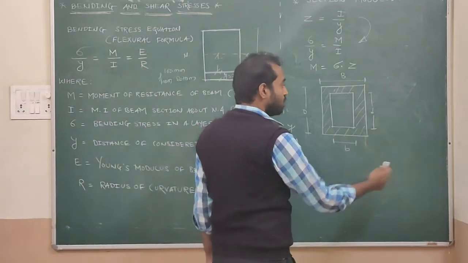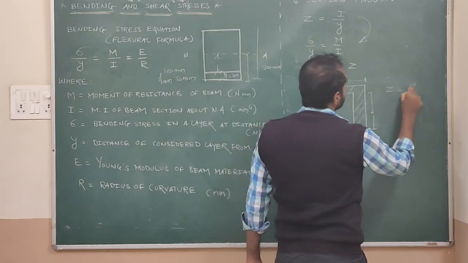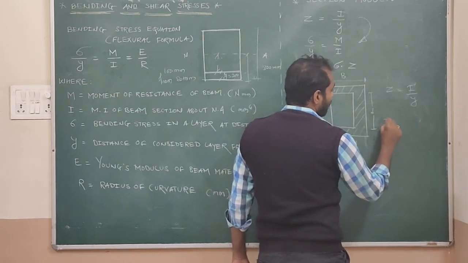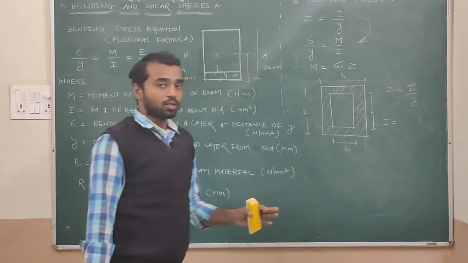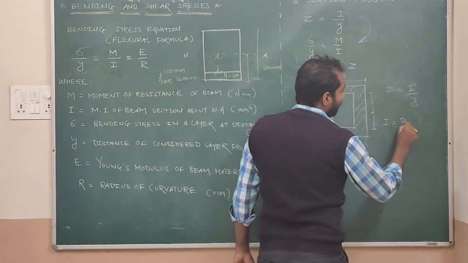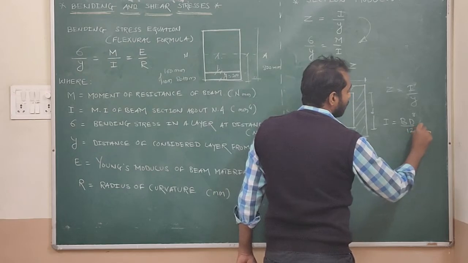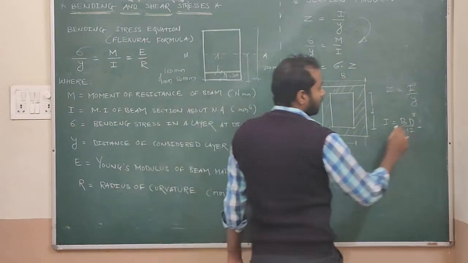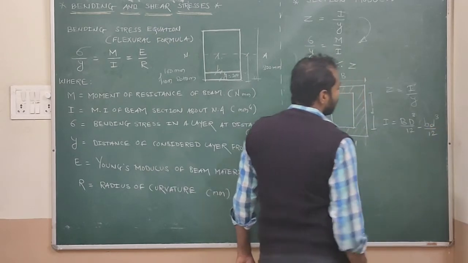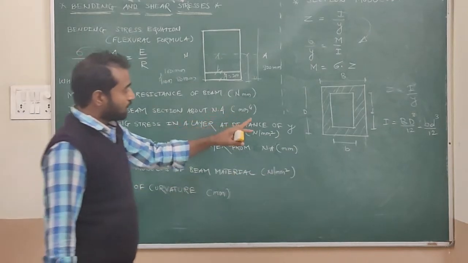The value of I for a rectangle is b d cube by 12. So for a hollow rectangular section, I will be capital B capital D cube by 12 minus small b small d cube divided by 12. This will be the moment of inertia for the hollow rectangular section passing through the centroid.